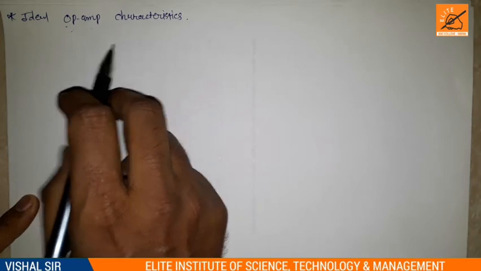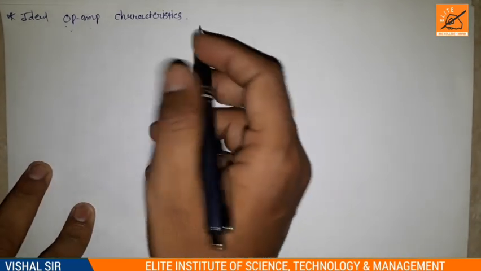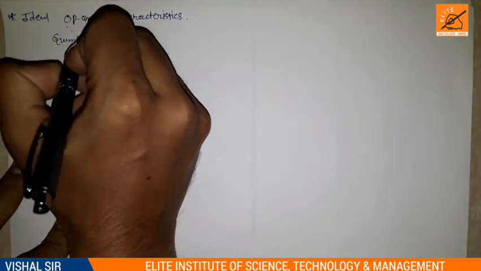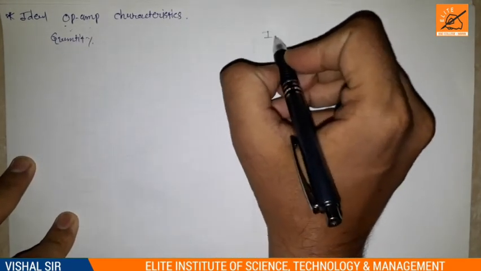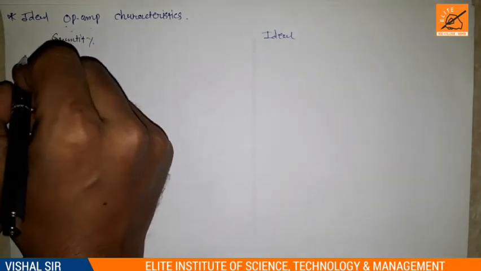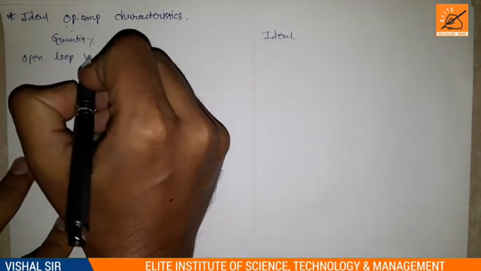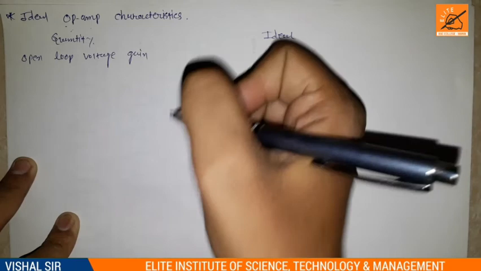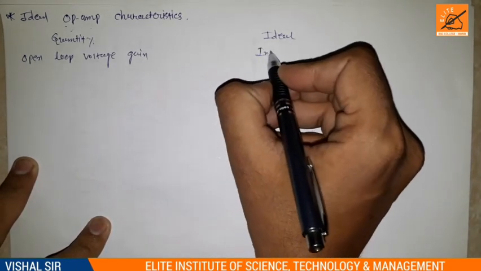Now our question is ideal op amp characteristics. First of all we will see some quantity and its ideal value. The first quantity is open loop voltage gain, and its ideal value is infinite.